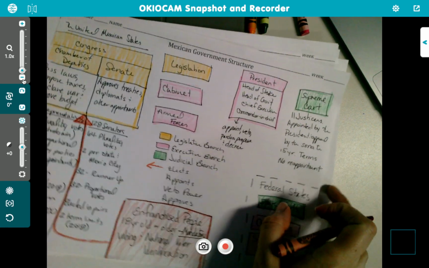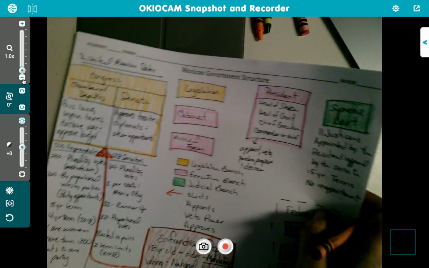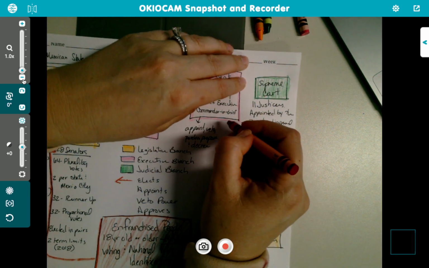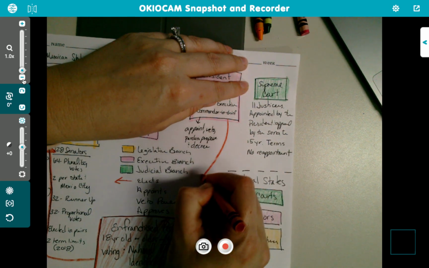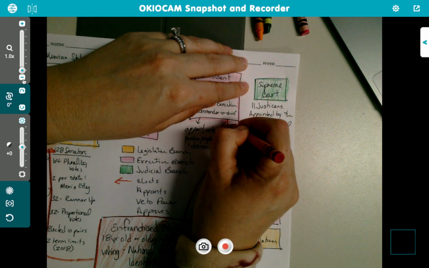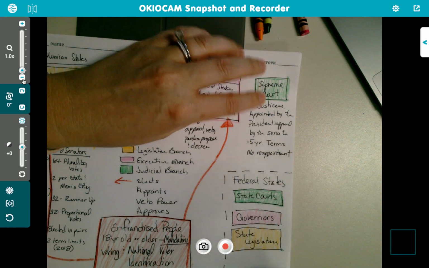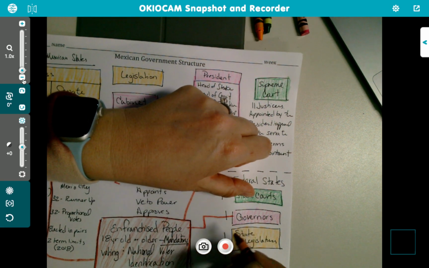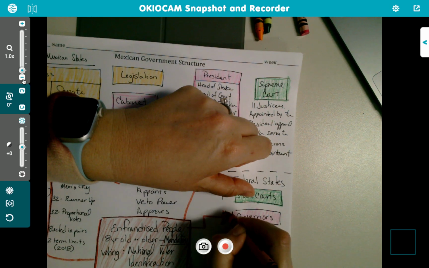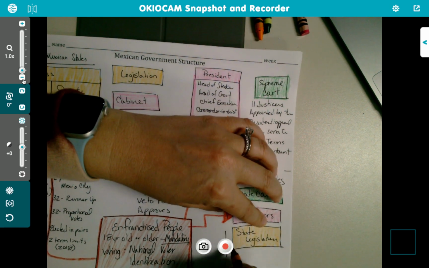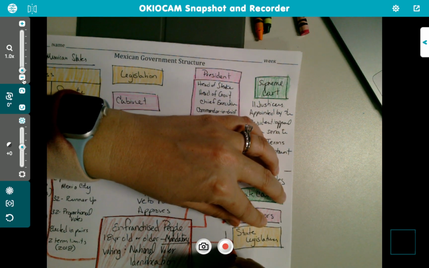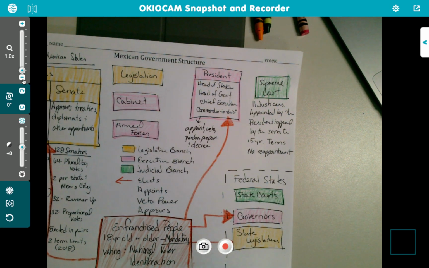They vote for Congress. They vote for president. They vote for governors. And they vote for state legislatures, just like us.